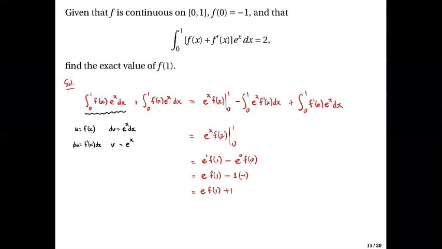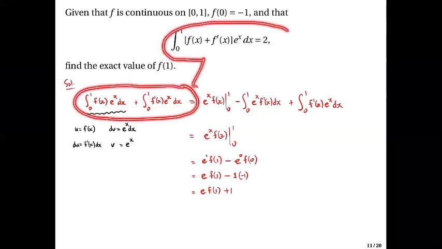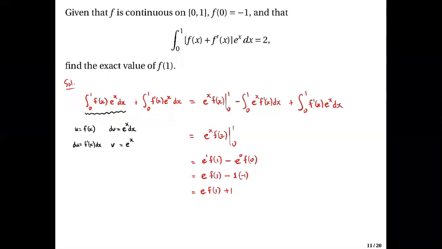But this guy here, e f of 1 plus 1, this is just the integral from 0 to 1 of f of x plus f prime of x e to the x dx.